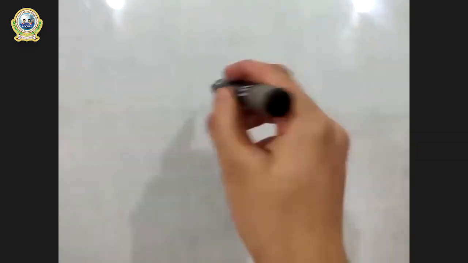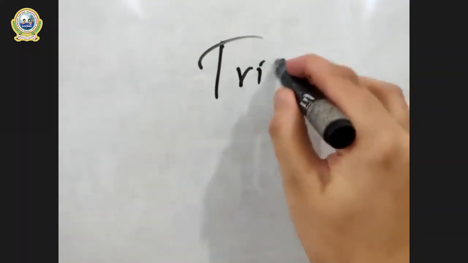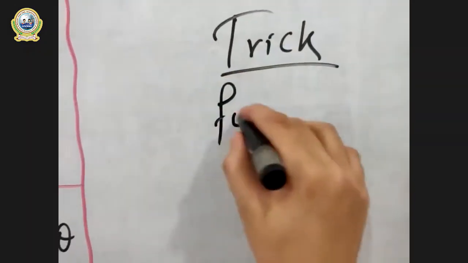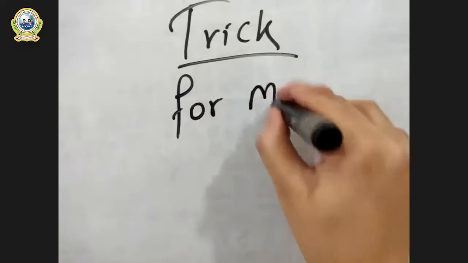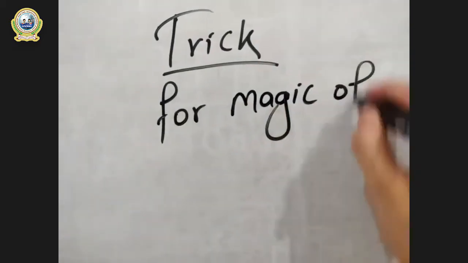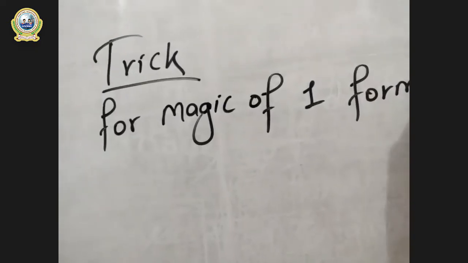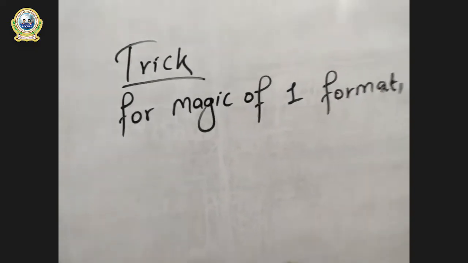We have a trick. Look here. Write "trick". You can write it at the top of the margin as well, for the magic of one format. We follow this rule. There are two rules.